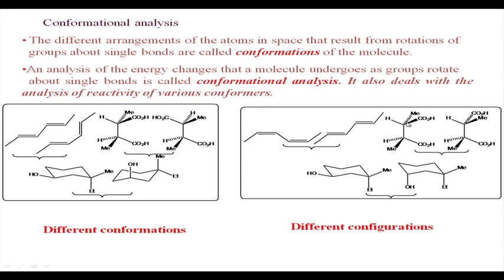So I rotate in this fashion, that means I bring the carboxy to the position of the methyl, and the methyl goes to the position of the carboxy. So here there is a change.